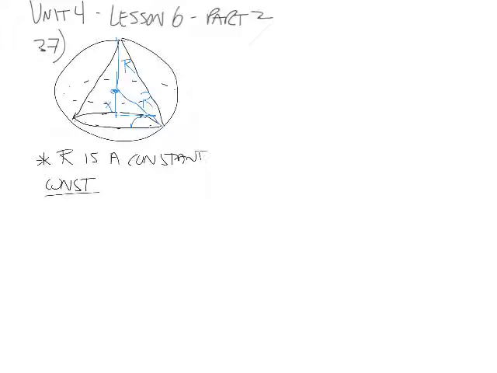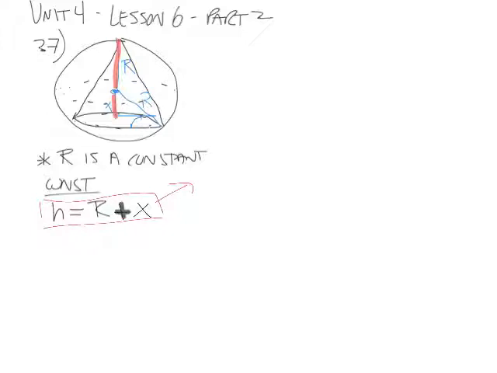For this particular cone, the height is going to be the radius of the large sphere, this part right here, plus the x value. So there's what our height is going to be, our first constraint equation.